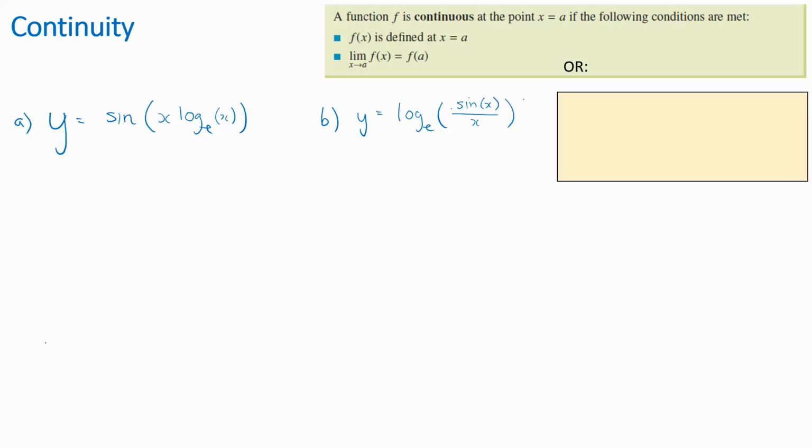Question 2. For the function with the rule x cubed minus 4x, the average rate of change with respect to x on the interval 1 to 3. This is y2 minus y1 on x2 minus x1. So when x equals 1, f of 1 equals 1 minus 4, which is negative 3. When x equals 3, f of 3 equals 27 minus 12, so 15. So f3 minus f1 over 3 minus 1.